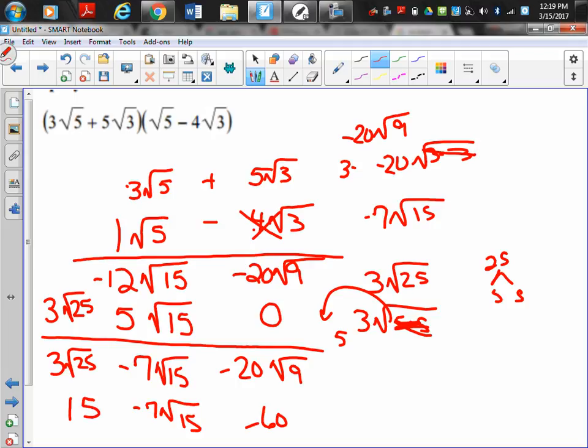Now, do I have any pieces I can still put together? The 15 and the -60. So 15 plus -60, so -45 minus 7 square roots of 15.